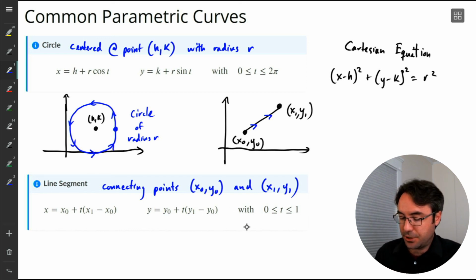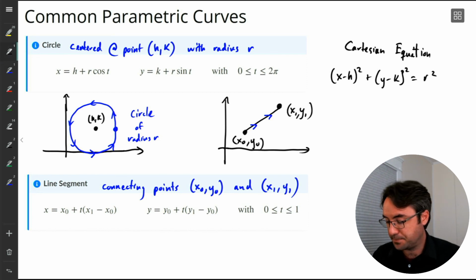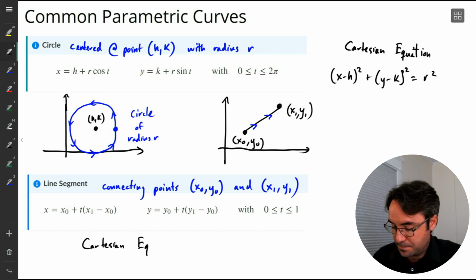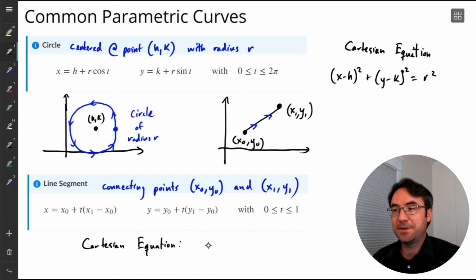So what is the Cartesian equation for this line segment? Well, you can go through and really solve either of these equations for t. So that'll be a good little practice to do.